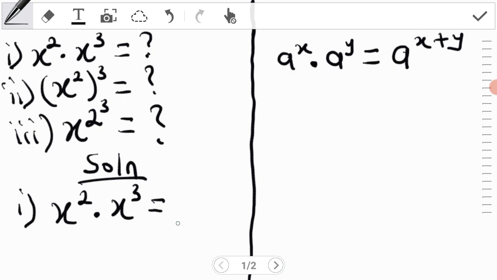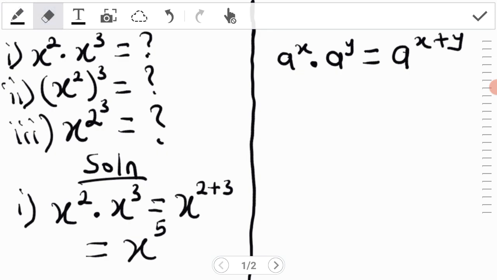So here we can say that x raised to the power 2 times x raised to the power 3 is the same as x raised to the power 2 plus 3, right? And this will give us x raised to the power 5. Really easy, right?